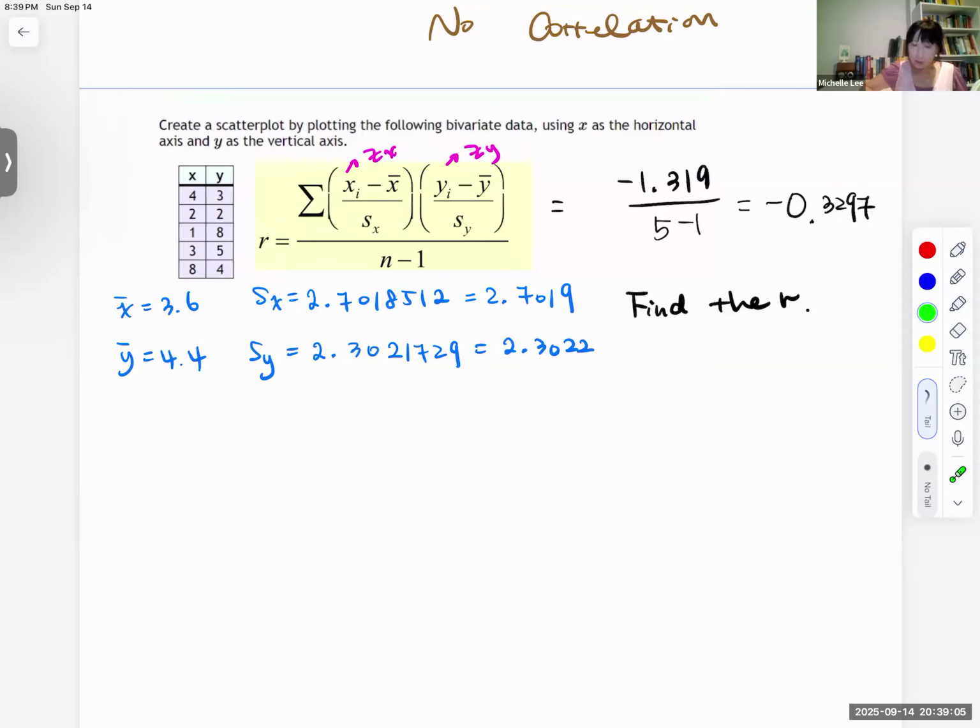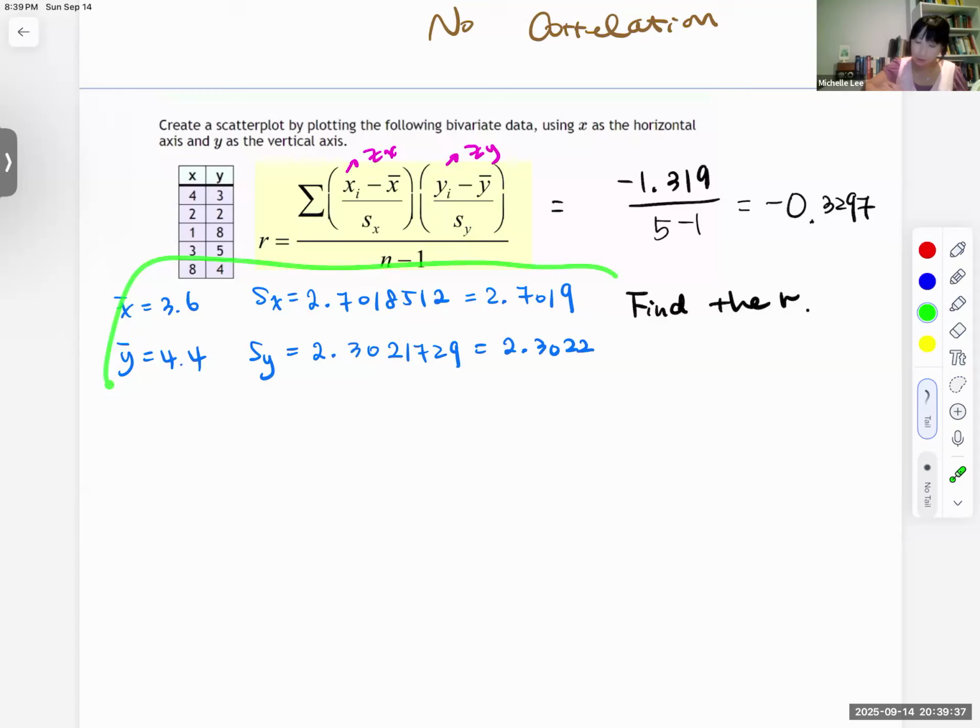So in order to calculate by hand, we have to have the mean of x, x bar, the mean of the x variable, and the standard deviation of the x variable, which is the explanatory variable, right? And we have the mean of the y variable, I'm sorry, standard deviation of the y variable, which is the response variable, right?